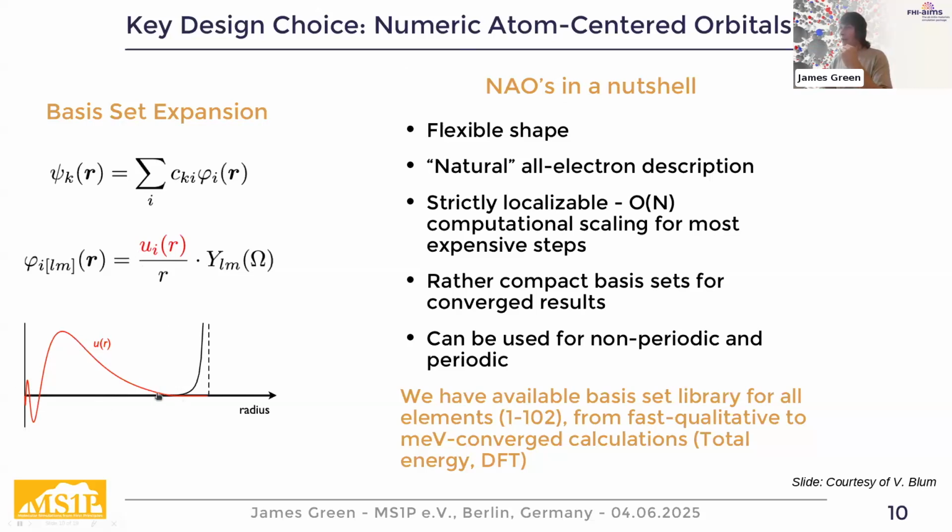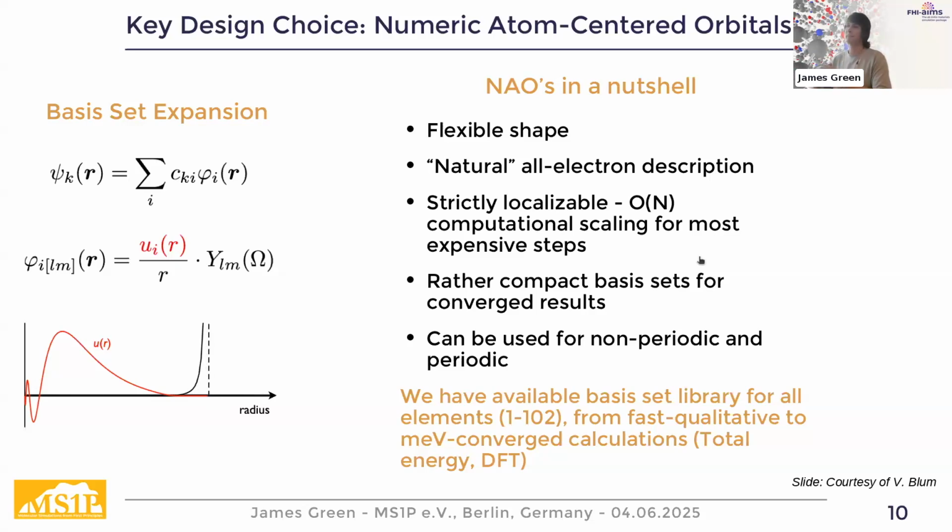As well, we can apply a cutoff potential, so that's shown by this black line here, which ensures our radial function is 0 beyond this dotted line here. And this makes the NAOs localizable, which means that they can scale on the order n for most of the computationally expensive steps of the calculation, which makes it scalable.